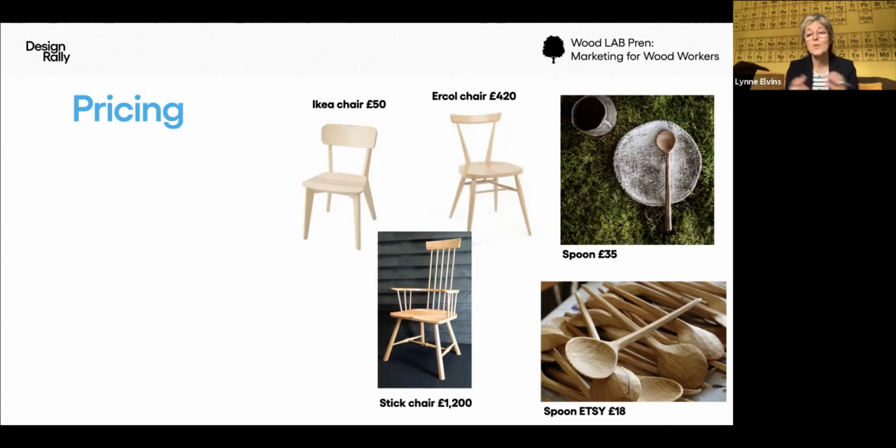Even the way they photograph them looks like, well, here's a spoon, but we've got a whole bunch of them. There's a whole box of them, and you can have one for £18. Whereas the image of the spoon at the top shows just one very beautifully placed spoon that clearly says this spoon is very, very special, and that is why you're going to pay £35 for this one.